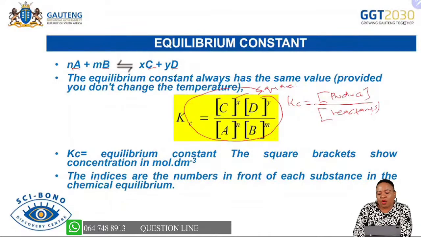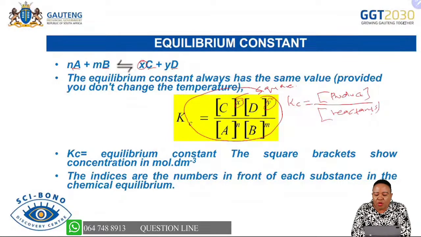So you can see it is the concentration of C, and the number of moles of C becoming our exponent, and then the concentration of D and the number of moles of D becoming our exponent, divided by the concentrations of A and B. Remember, C and D are our products, A and B are our reactants.